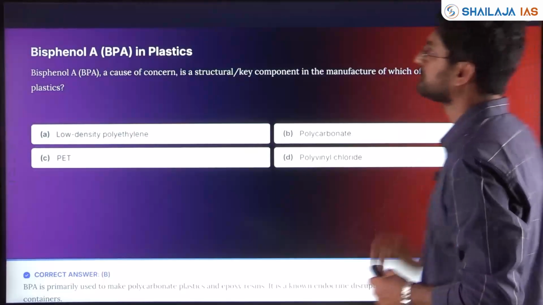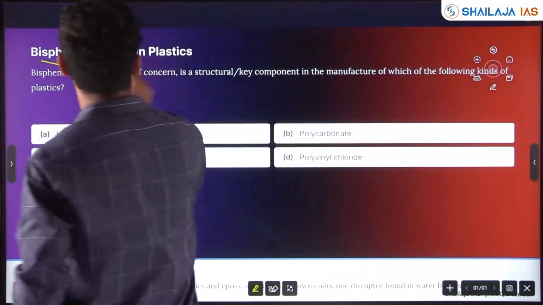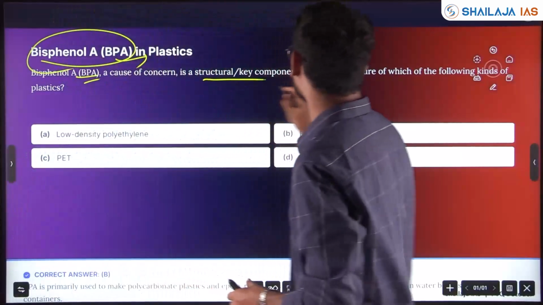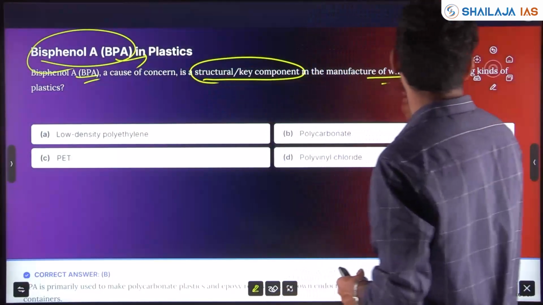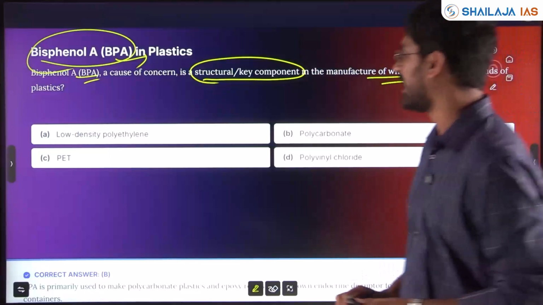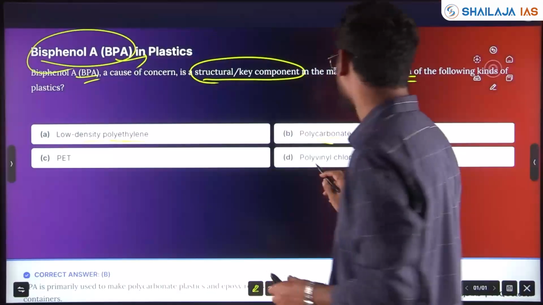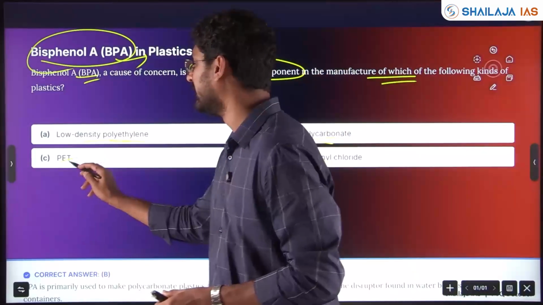Next question. With respect to bisphenol A in plastics. Bisphenol A, a cause of concern, is a structural key component in the manufacturing of which of the following kinds of plastic? Low density polyethylene, polycarbonate, PVC, and PET.